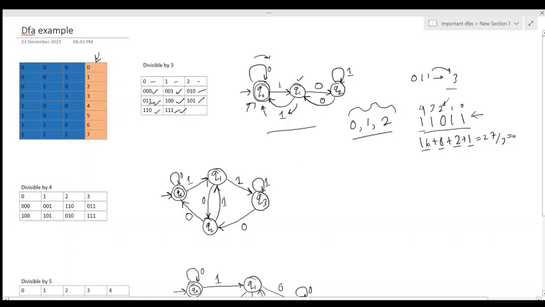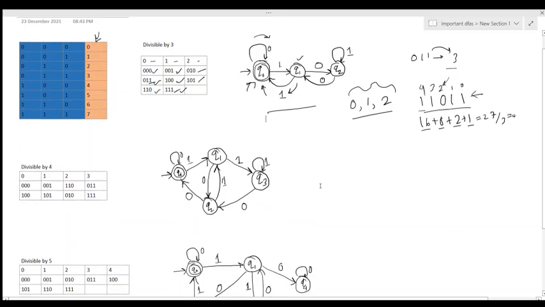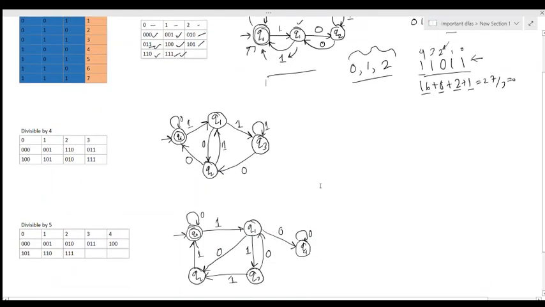The same logic we can apply for other divisors like 4. For 4 you get 4 remainders, 0, 1, 2 and 3. Now check which numbers fall under which remainder heading.